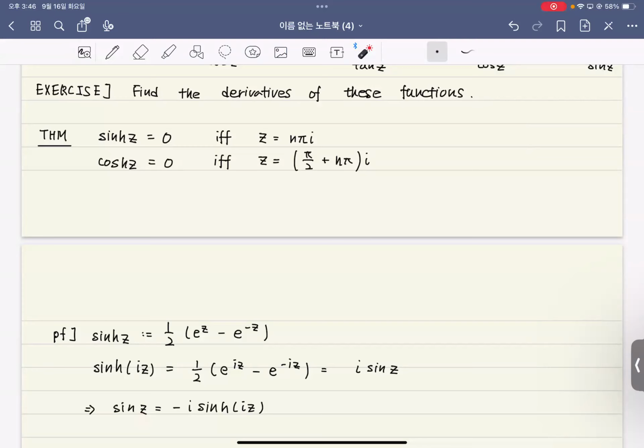Since the only zeros of the sine function are located where z equals some integer multiple of pi, the zeros of the hyperbolic sine function should appear only at i times some integer multiple of pi, right? So this is justified, and using the same reasoning, I can also prove the second line of this theorem.